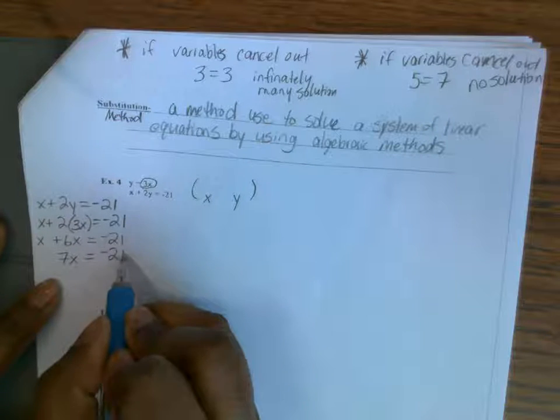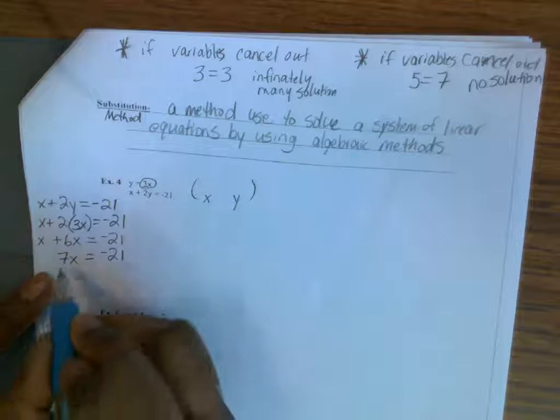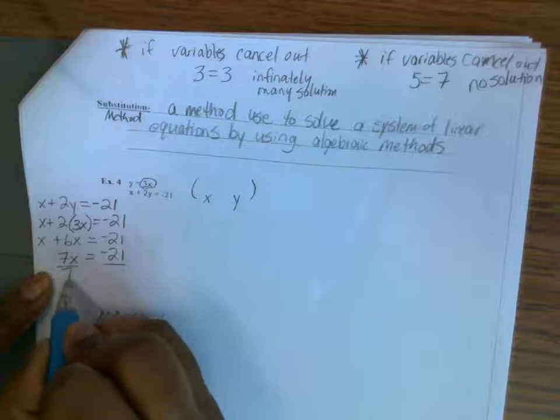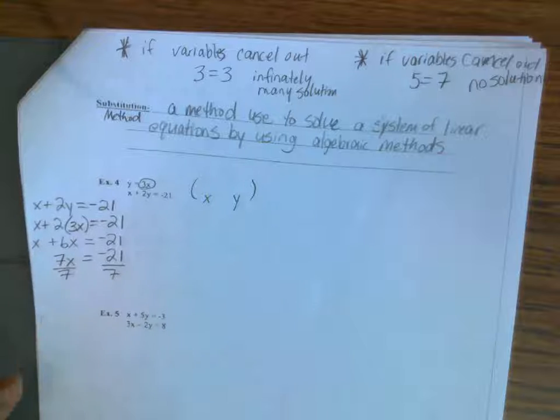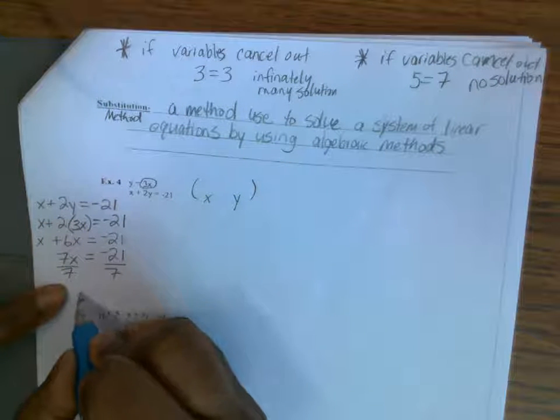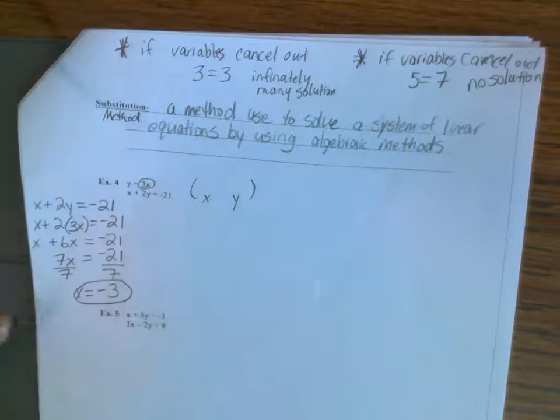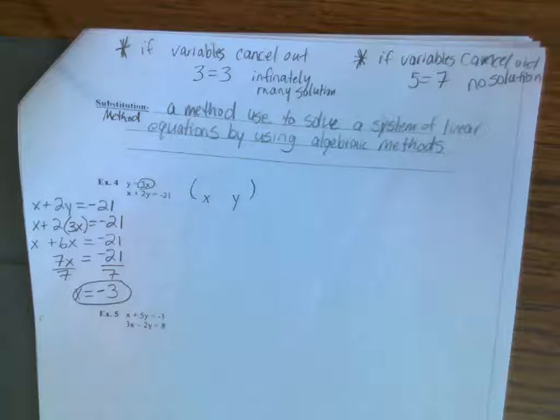Bring everything else down. Now to solve for x, I'm going to divide both sides by 7. So when I divide both sides by that positive 7, this gives me x is equal to negative 3. Any questions about how I got x is equal to negative 3?